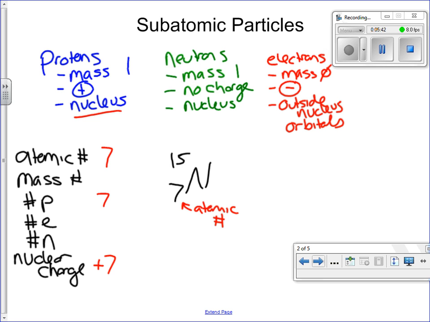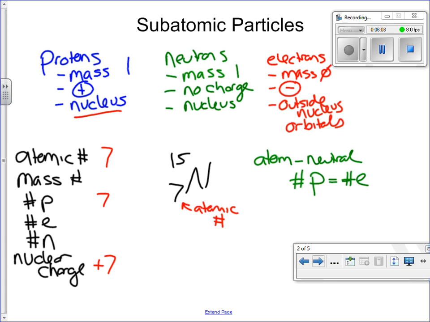All right. Additionally, if this were an ion, I would give you a charge up here, and I would say nitrogen plus 1, for example. Okay? If there's no charge there, it's not an ion, it's an atom. Okay? So an atom is always, by definition, neutral. When I say neutral, that means the number of protons equals your number of electrons.